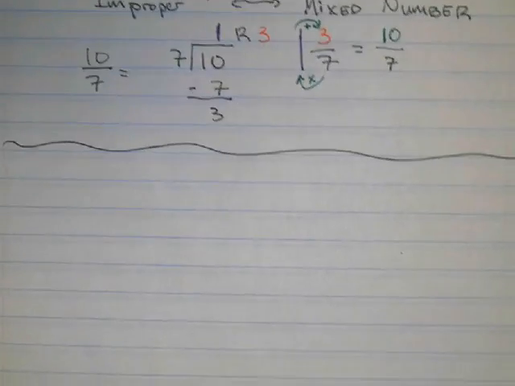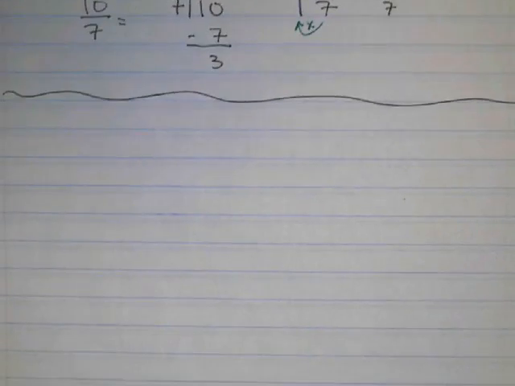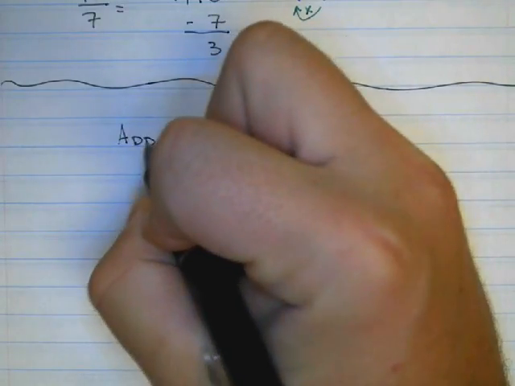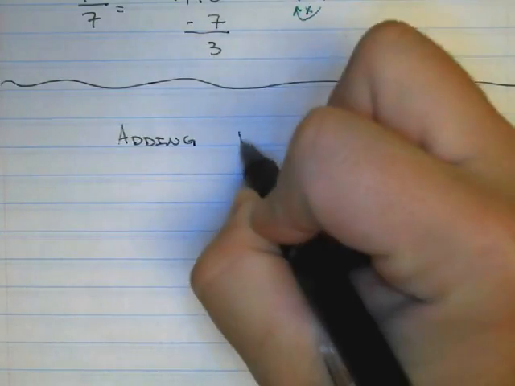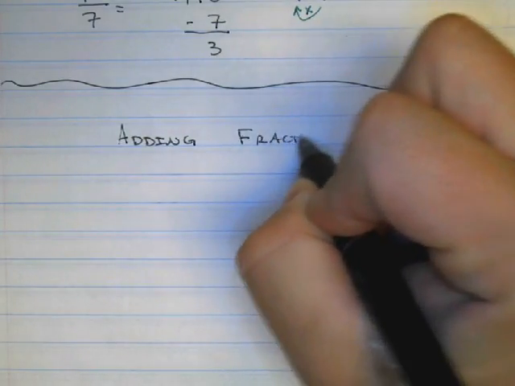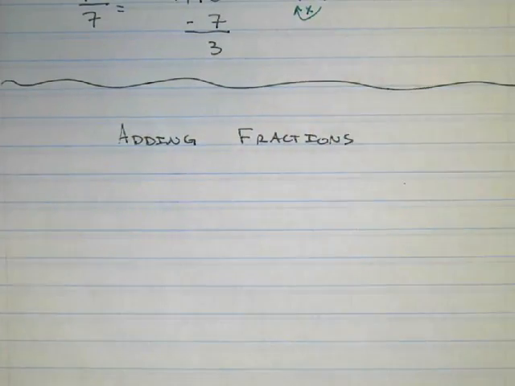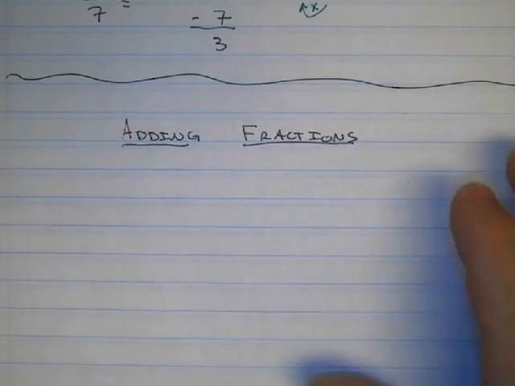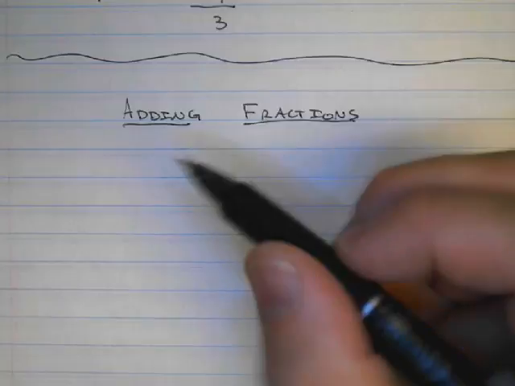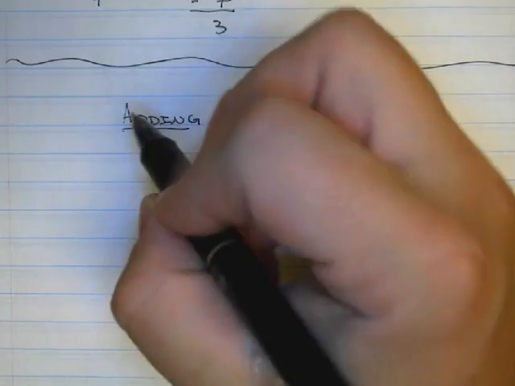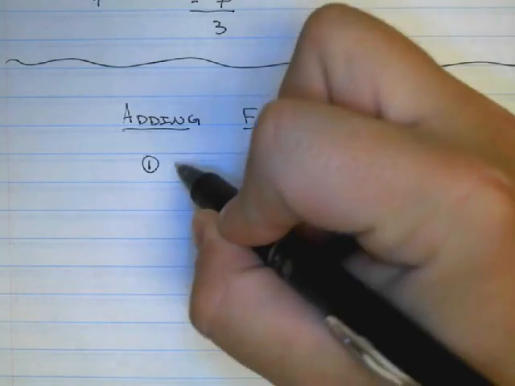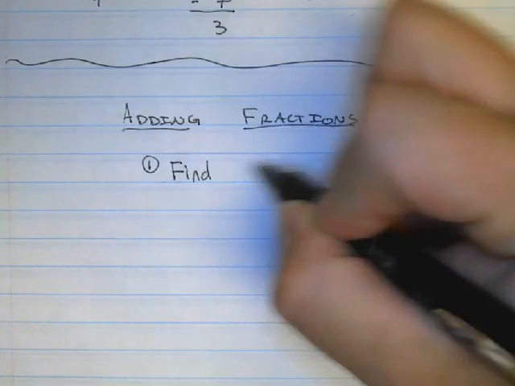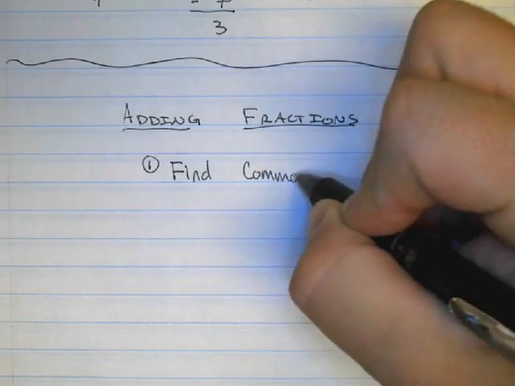Okay. Next thing we want to look at is adding fractions. The most important part, we have really just a couple steps. Step 1 is find a common denominator.